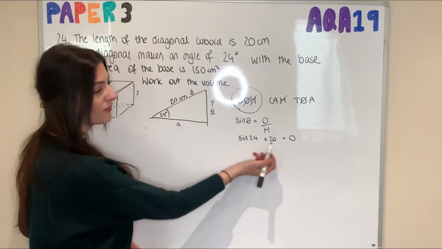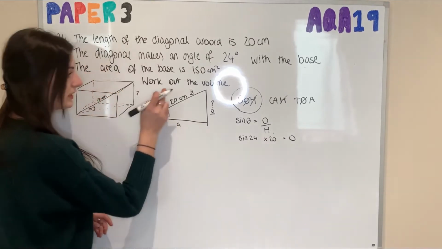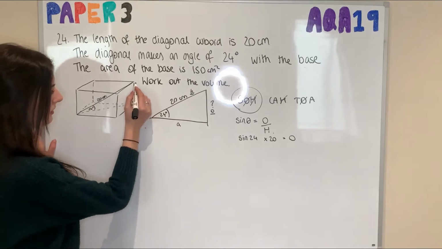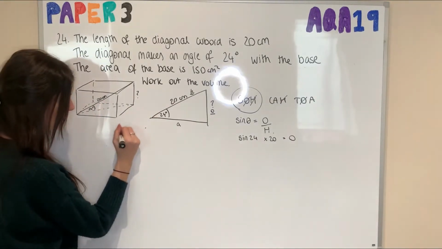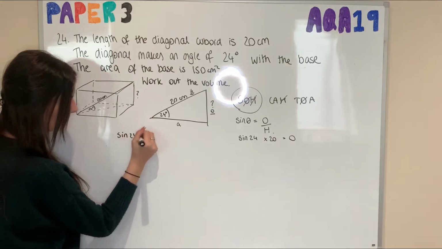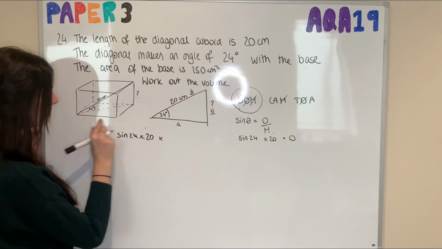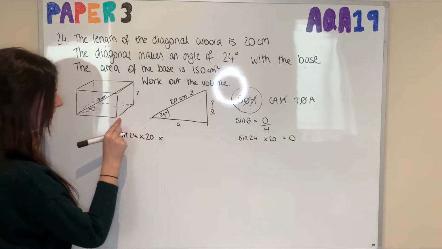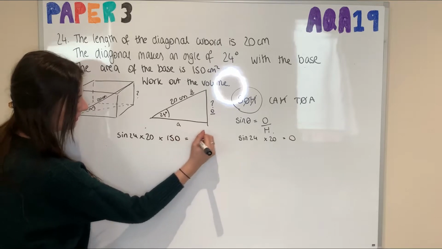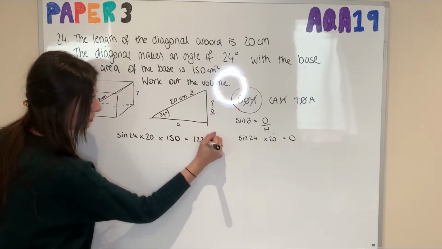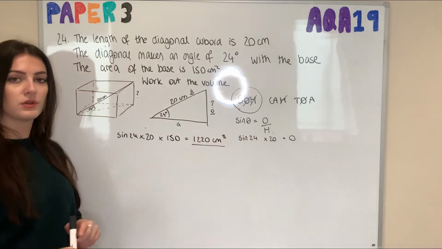So O is sin 24 times 20. To get our volume, this is the height of our cuboid, sin 24 times 20. Now we multiply this by the base, the width and length, which is 150. That gives us 1,220 centimetres cubed, which is the volume of our cuboid.